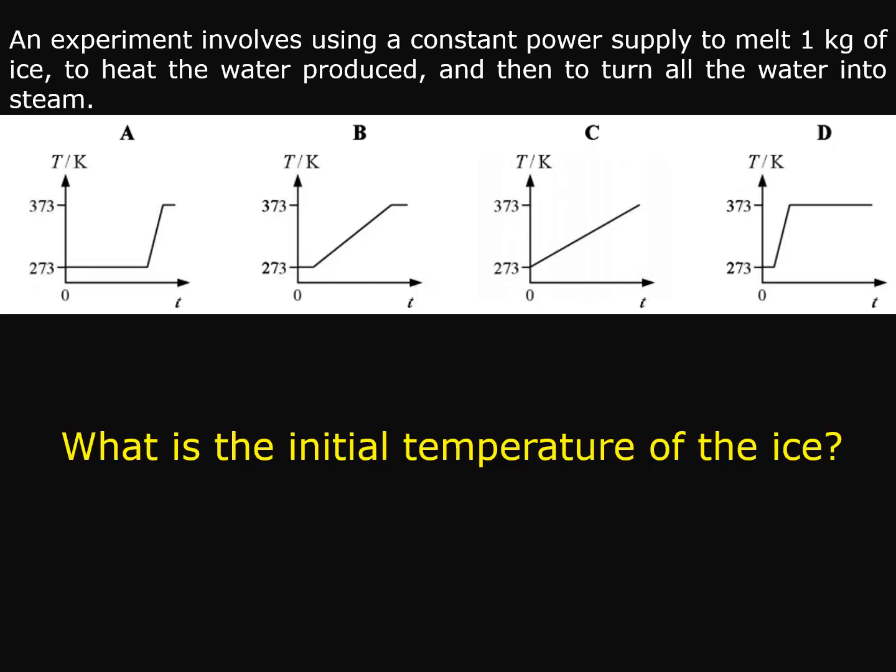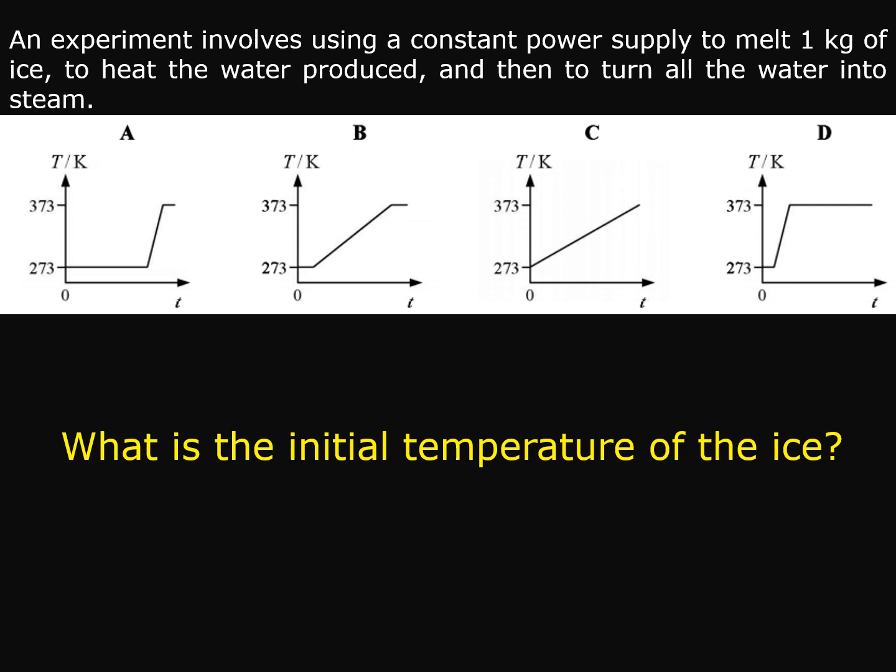Now, the first question that we might ask when we try to solve this question is, what is the initial temperature of the ice? This information is never provided by the question.